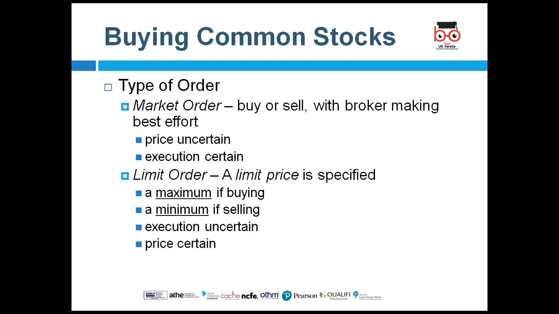Types of order: a market order is buy or sell with the broker's best effort, and the price is uncertain. Or it can be a limit order, where a limit price is specified. That's why with auto trade and auto buy, you can put limits on the stock and the system will do it. It happened in the credit crunch, when a lot of people were struggling, so they introduced the limit system.